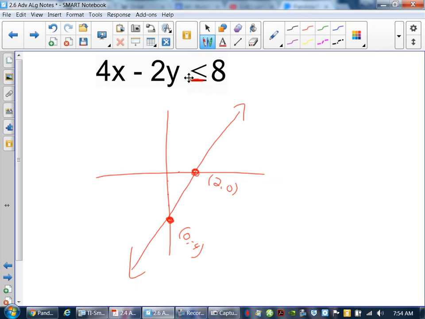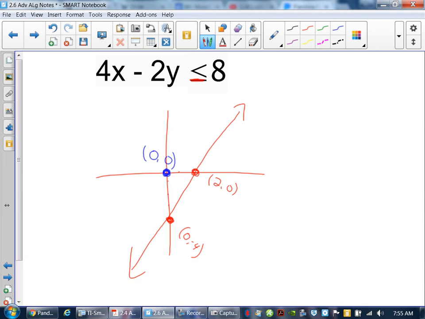So instead of picking a single number, you're going to pick an ordered pair to test. What's the easiest ordered pair to test? 0, 0. If your inequality line does not go through the origin, use the origin 0, 0 as a test point to see if it is a true or a false statement.